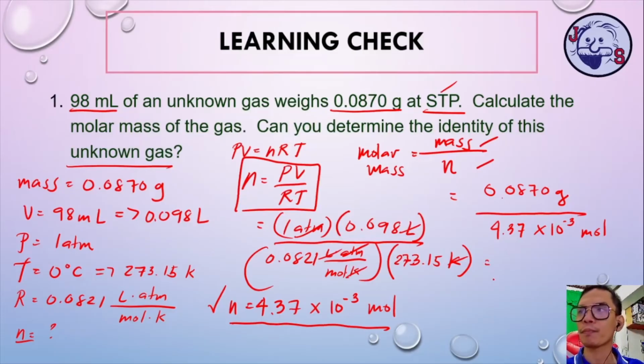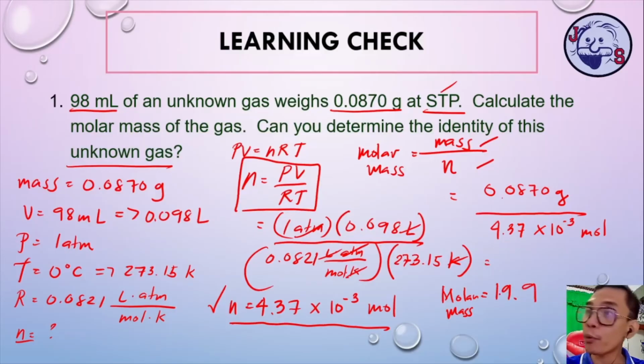So let's compute. What will be the molar mass, and possibly what is the element? 0.0870 over 0.00437, so the answer is 19.9 grams per mole.